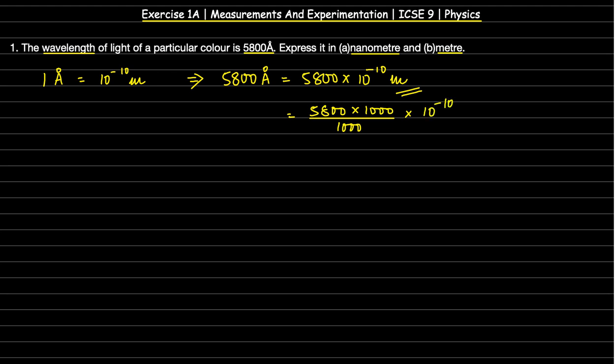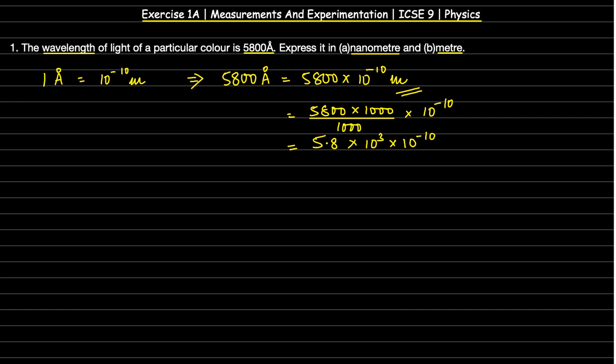Now this 1000 in the denominator went for converting 5800 to 5.8. So we get 5.8 into this 1000 in the numerator, which can be written as 10 to the power of plus 3, into 10 to the power of minus 10.